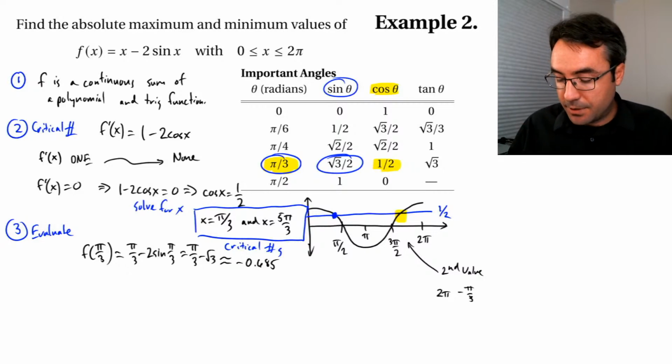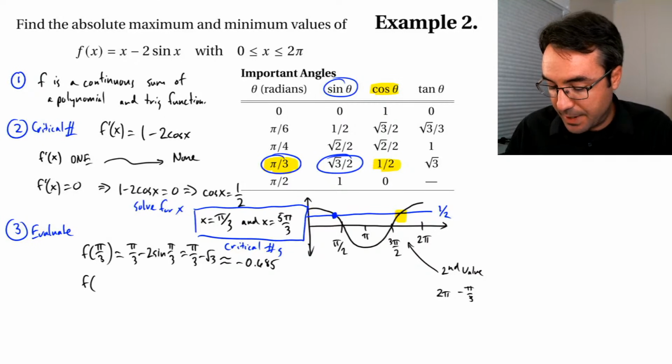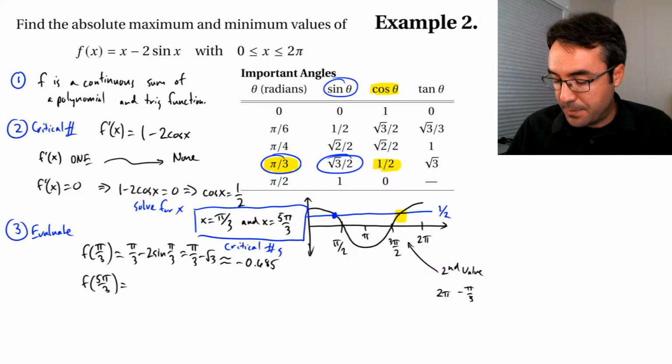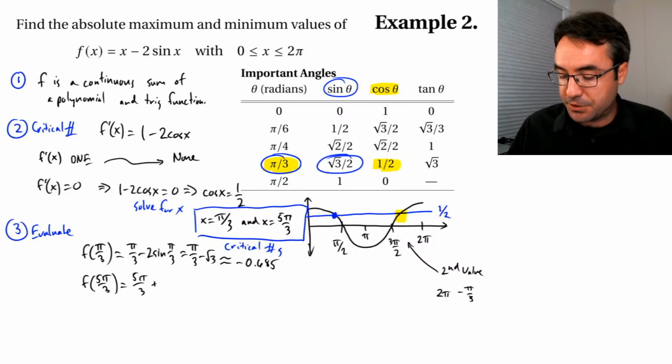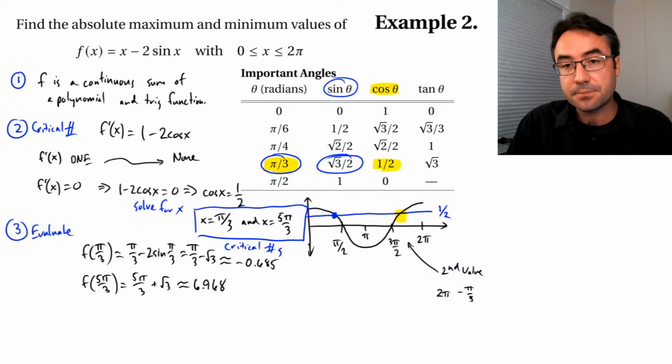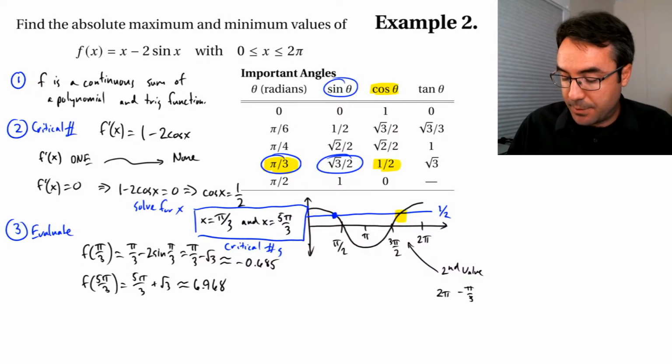Then we do the other critical number at 5 pi over 3. I won't go through all the evaluation there. We'd end up with 5 pi over 3 plus square root 3, which is approximately 6.968. So those are our critical numbers. Then we want to do our endpoints, the endpoints of my interval.